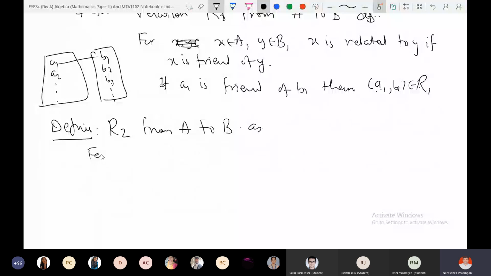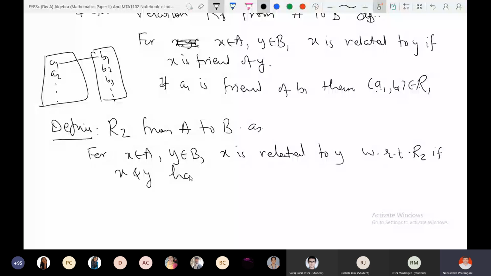For x belongs to A, you choose some student from A division and another student y from B division, and x is related to y with respect to relation R2 if x and y have common subjects. So what are the common subjects? Mathematics is a common subject. Both divisions have common subjects.